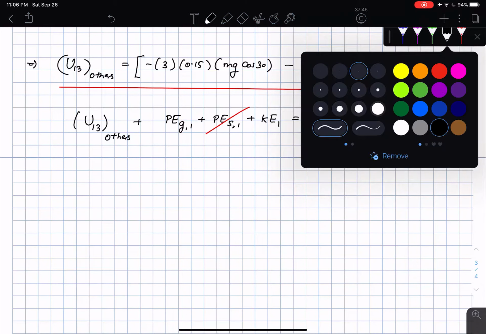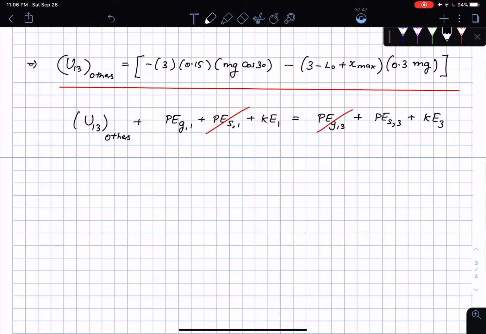Okay, all right, so u 1 3 others is going to be minus 3 times 0.15. The mass of this was 2, g was 9.8, times cosine 30, minus 3 minus L naught, which was I think 0.8, plus x max, which is something that I need to find out.